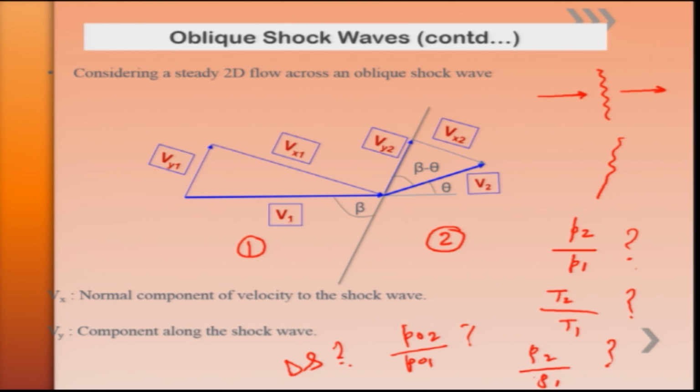Now let us say velocity V1 is approaching an oblique shock which is standing by making an angle beta from the upstream direction. Now resolve this velocity into two parts, that is, parallel to the wave and perpendicular to the wave, and likewise the velocity coming out of the shock wave, V2, has a component Vy2 parallel and Vx2 perpendicular.